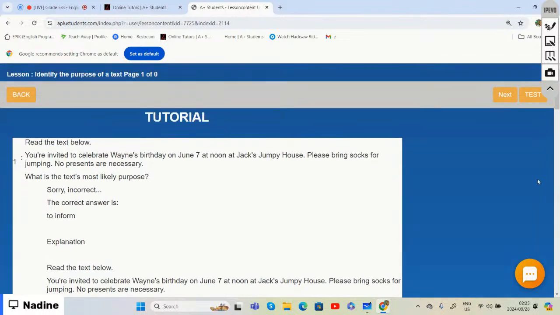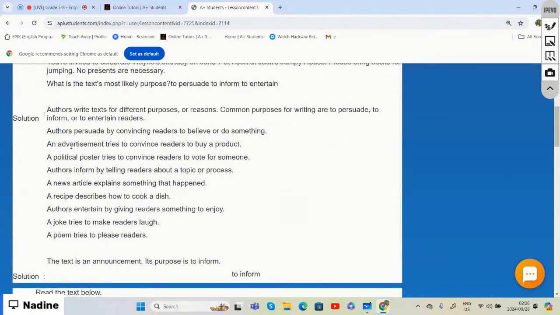Now we're going to our test, where we are going to identify the purpose of a text. We already went over all the different ways in which authors write texts, and we said that they write texts for different purposes. Common purposes are to persuade the readers, to inform the readers, or to entertain the readers.